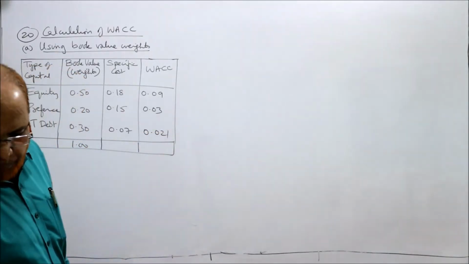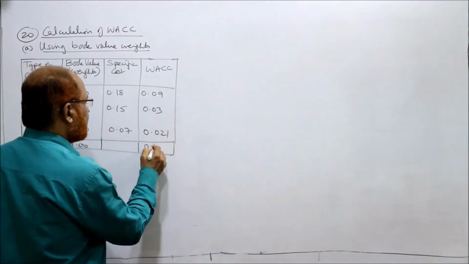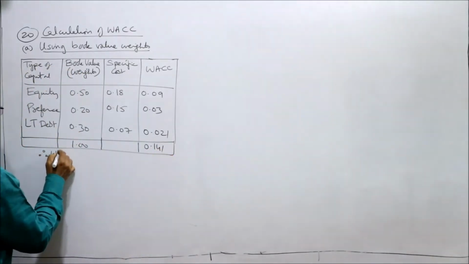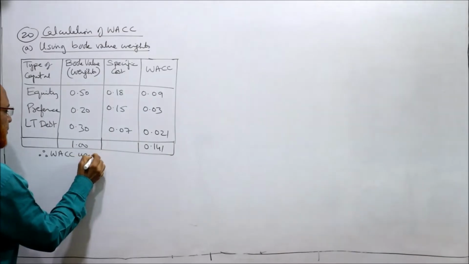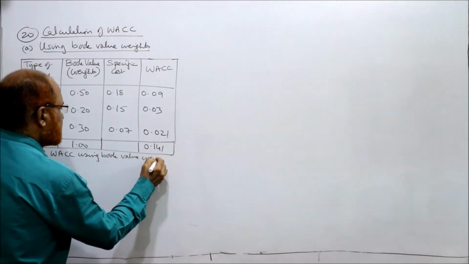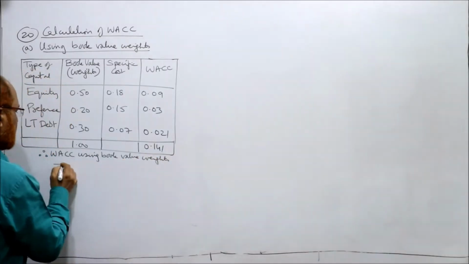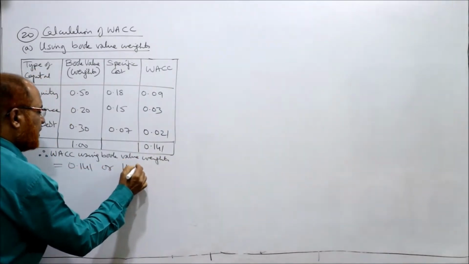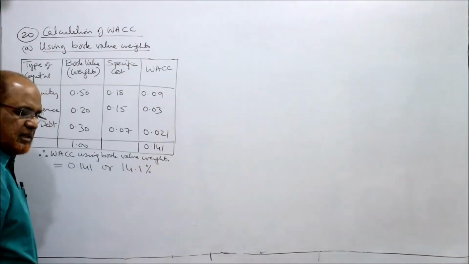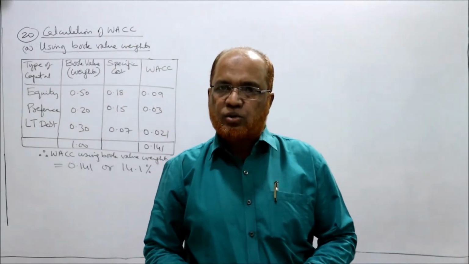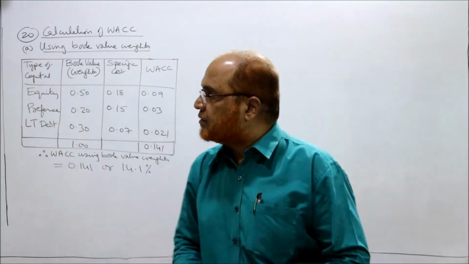The total you will get is 0.141. WACC using book value weights is equal to 0.141 or 14.1%. That's it. So we have completed WACC using book value weights.